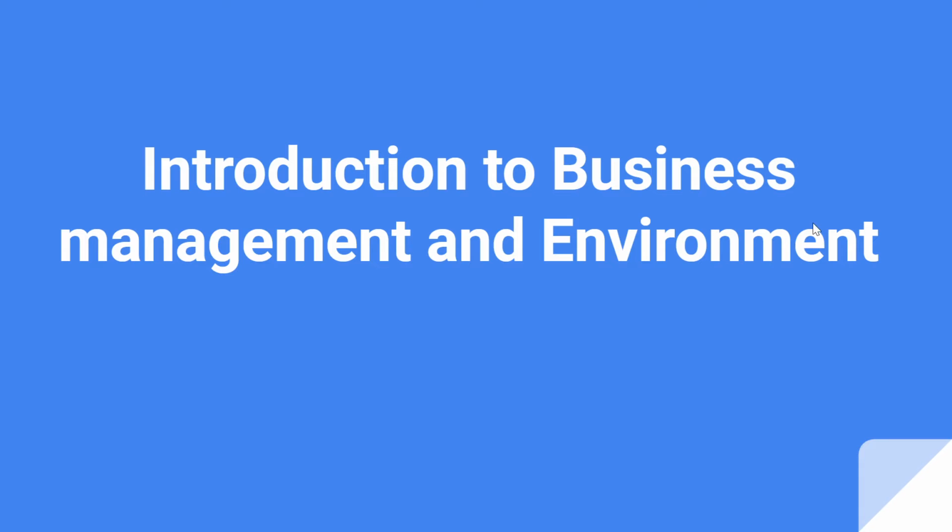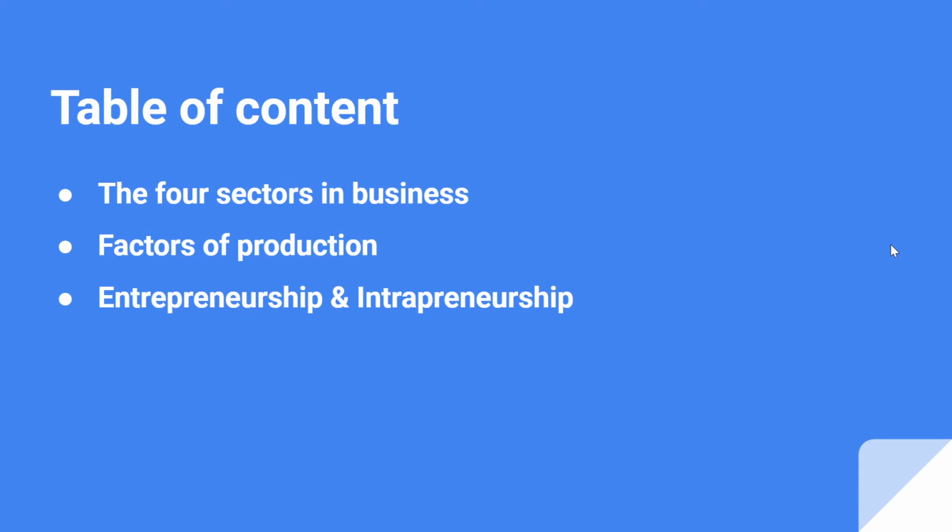So I'll just be talking about these three things in this video, which I think are the most important in this unit 1.1. The first thing will be the four sectors in business, which is definitely a main idea that you should always know, and you should definitely know it for the exams, and for later in life, as it will always come up in conversations and exam questions.